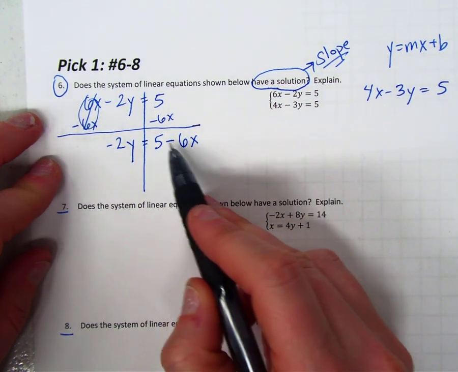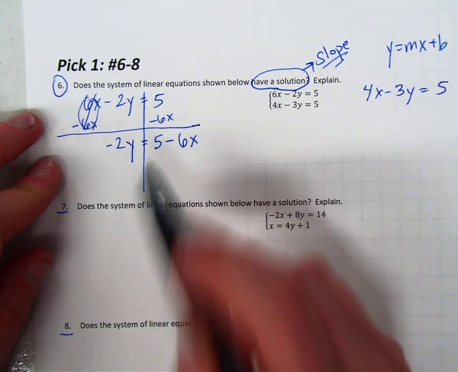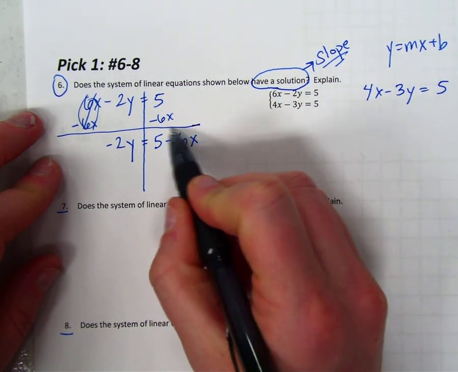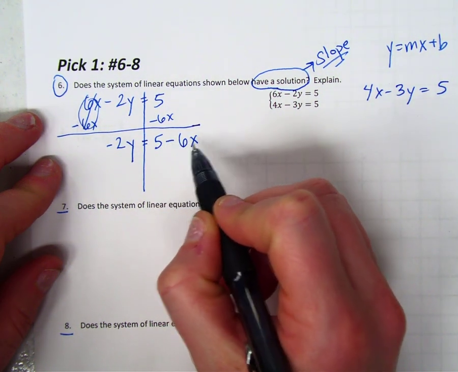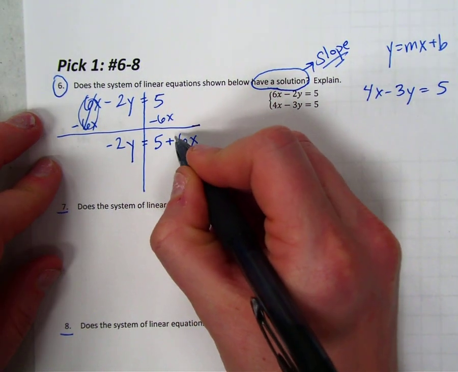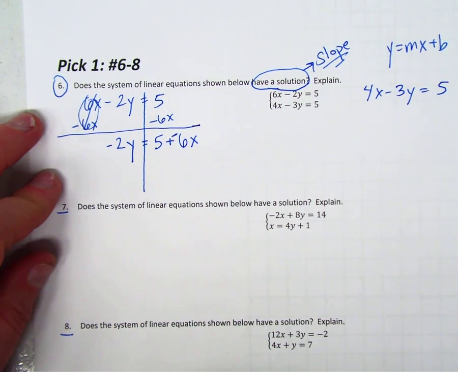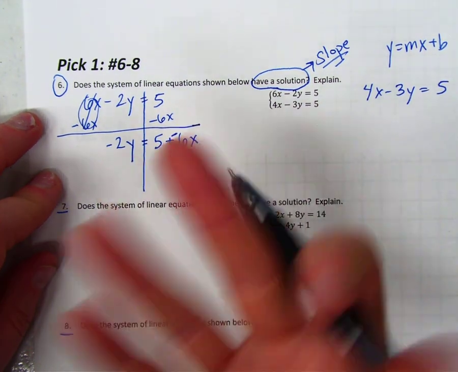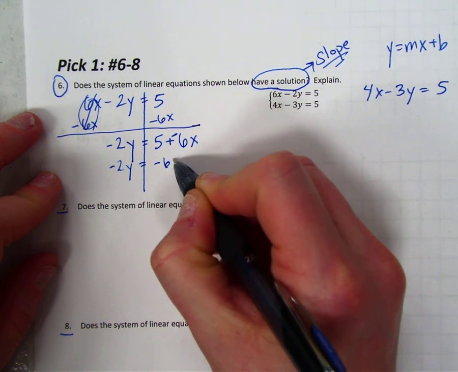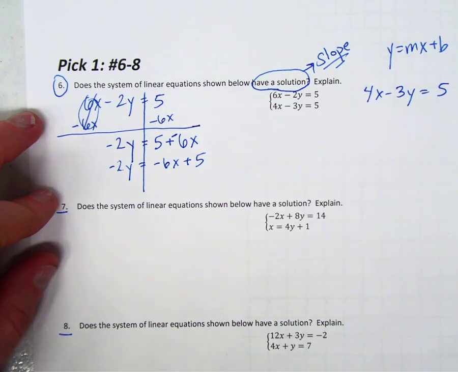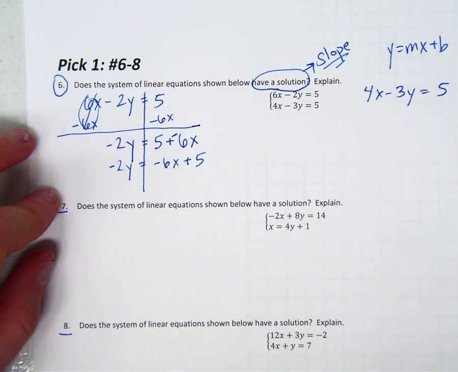Can't put those together because this has an x and this does not. I can, though, flip this around. This is 5 minus 6x, which is the same as 5 plus negative 6x. And then if I flip those, this starts to look like an equation that I'm familiar with.